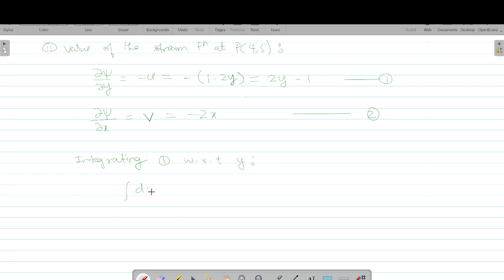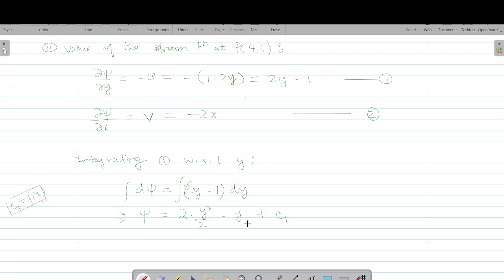So dψ is equal to (2y minus 1) dy, and integrating both sides, the integration of dψ will give me ψ, and the integration of 2y minus 1 with respect to y will give me 2y squared upon 2 minus y, plus a constant of integration, c1. And this c1 is a function of x, because you have integrated with respect to y.